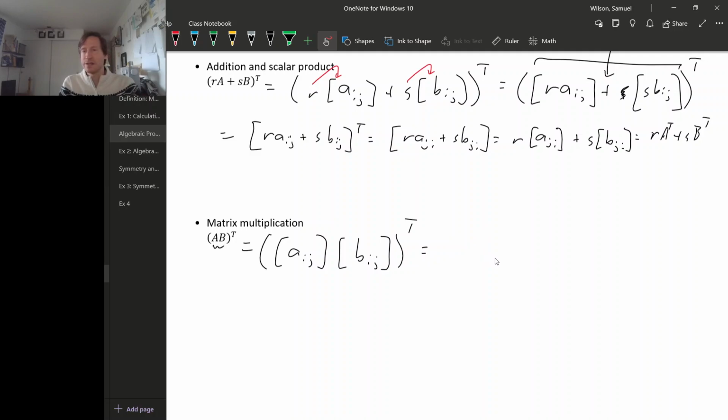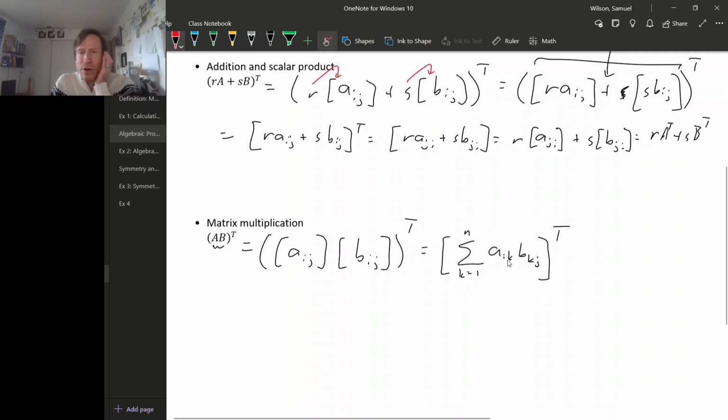We need to write the stuff inside the parentheses as a single matrix. So we have to write down the formula for the entry of a matrix product. So that's the sum from k equals 1 to n of Aik Bkj. So we're going to take the transpose.